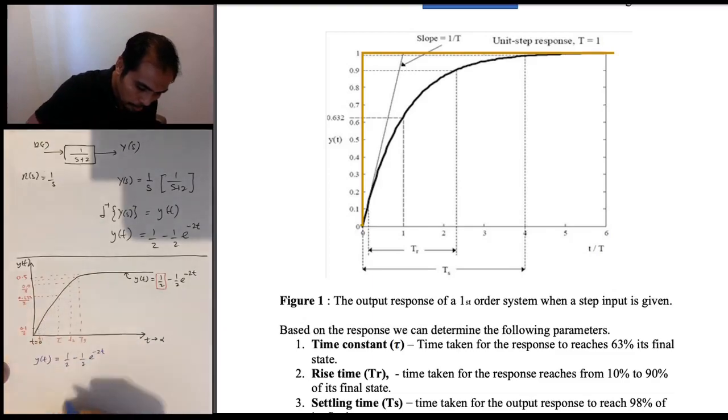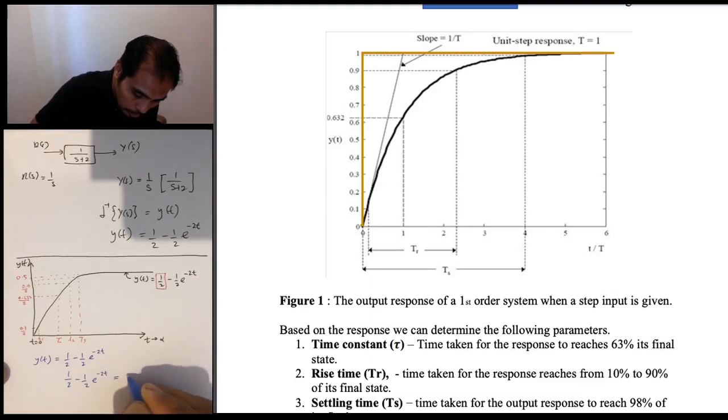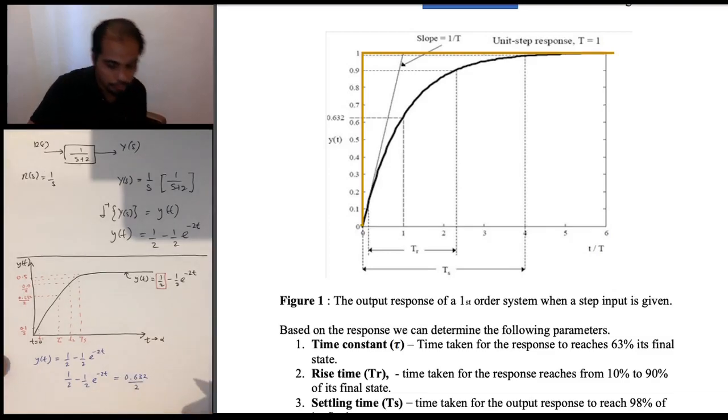So at this point, we have e to the minus 2t equal to 0.632 divided by 2, right?